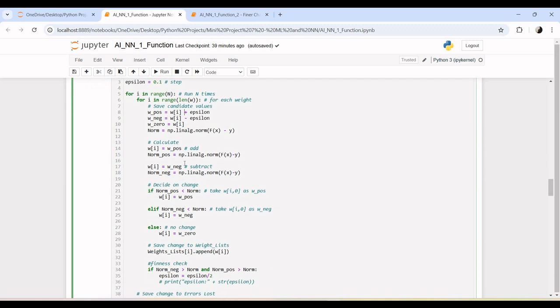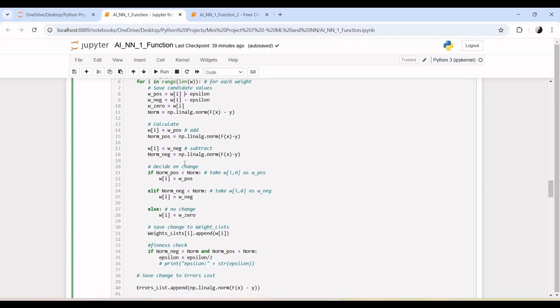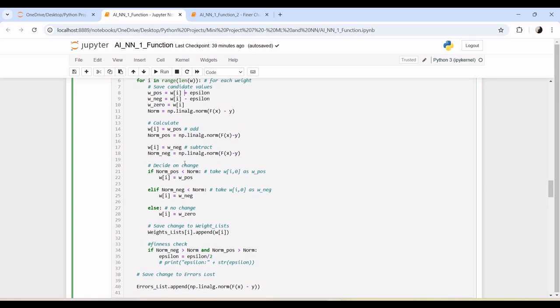So this is essentially finding the direction to which we should take our weights that would result in reduced error.